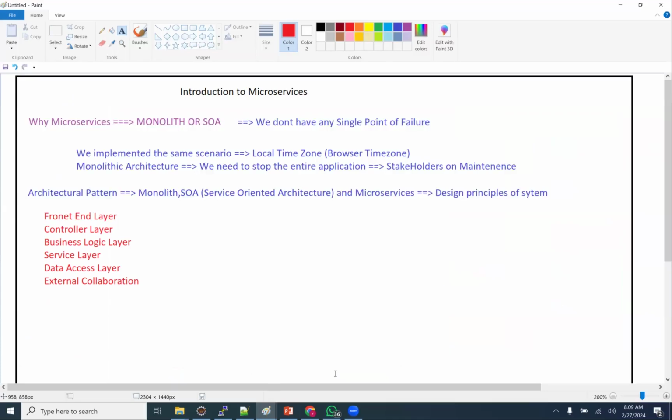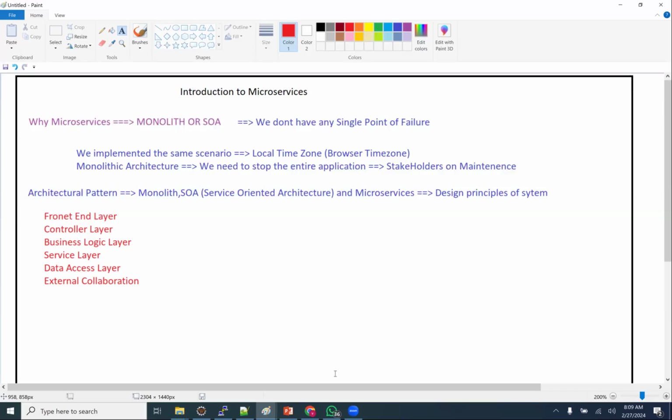Single point of failure means if I have a problem in one service and I need to stop the entire system to correct that problem, that is a single point of failure. The design principle is a failure at a single point, but to correct that problem you are impacting not only that part but the entire system.